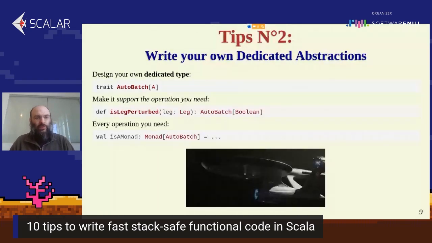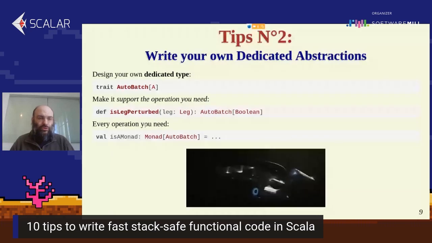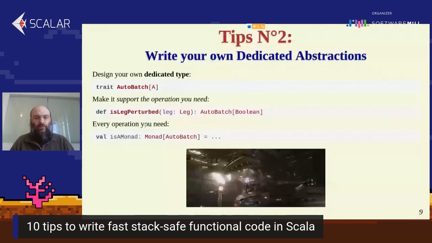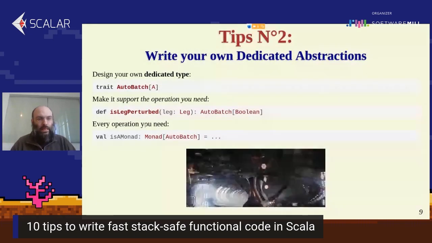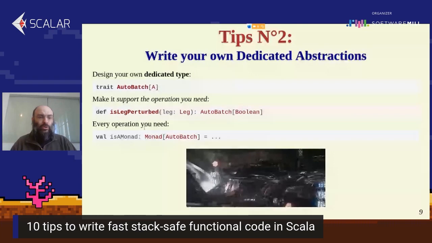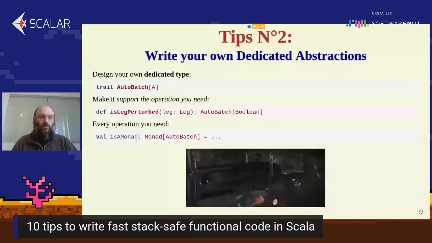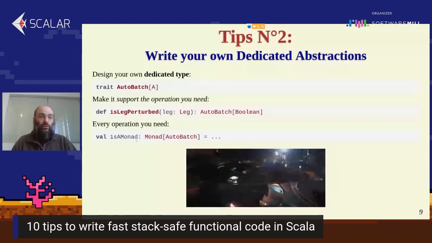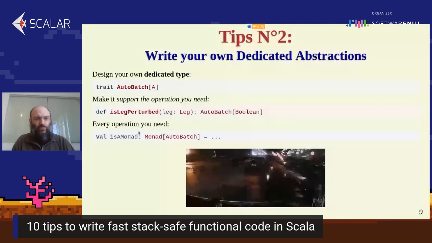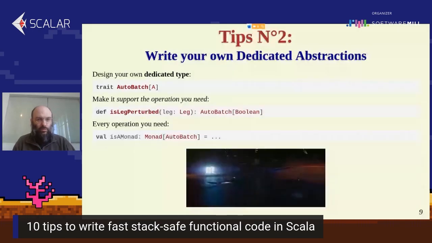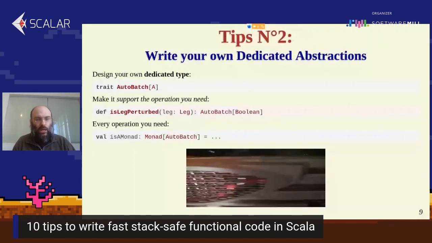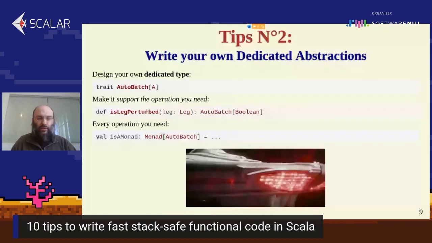And everything that you see around, like a newtype AutoBatch, it's because we need to give it a name. So we create a new type, but that's not the abstraction. And we want it to be a monad because we want to do computations and we want it to be simple. But the real stuff that makes this possible is this function, the isLegPerturbed. So this is the abstraction. All the rest is just to make life easy.